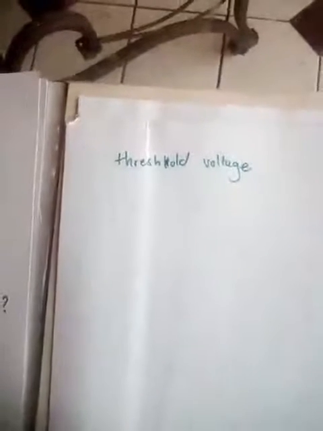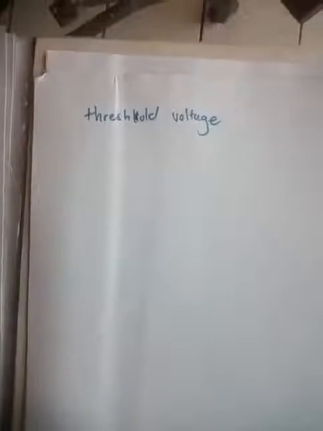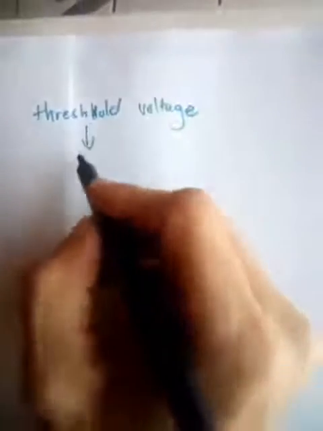It is the voltage that you need to overcome the barrier potential. That is for a germanium diode, and for a silicon diode it will be 0.7 volts. The voltage that you need to overcome the barrier potential, that is basically for current to flow. Threshold voltage.